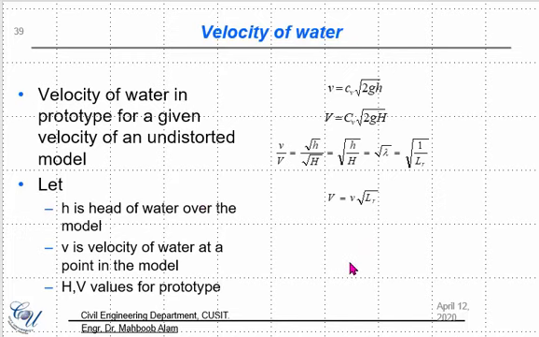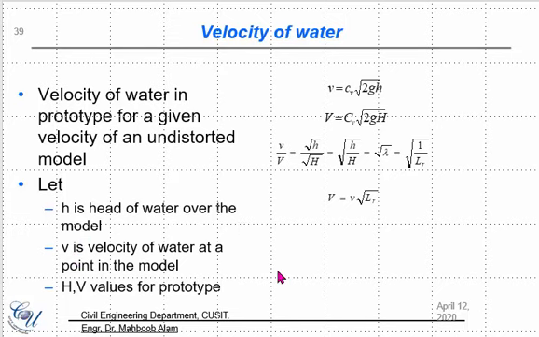Another thing that you have to keep in mind is that in this chapter a capital letter represents the value in the prototype, and the smaller letter represents the value in the model. So for example, small h is the head of water over the model. Capital H is the same value, the head of water over the prototype.